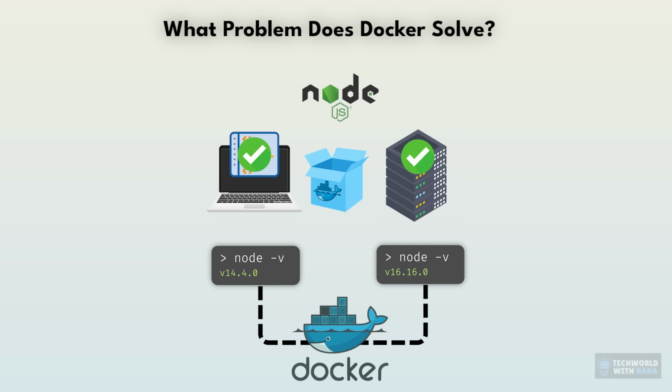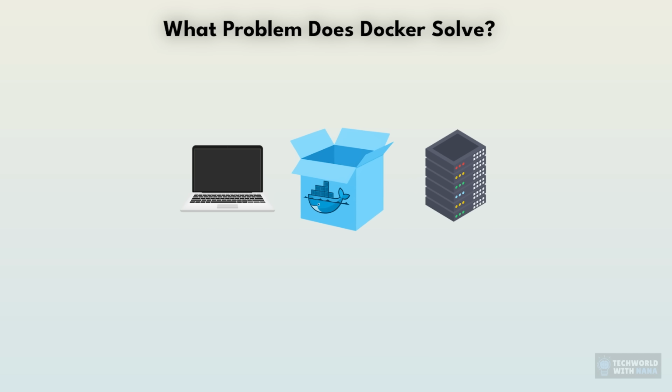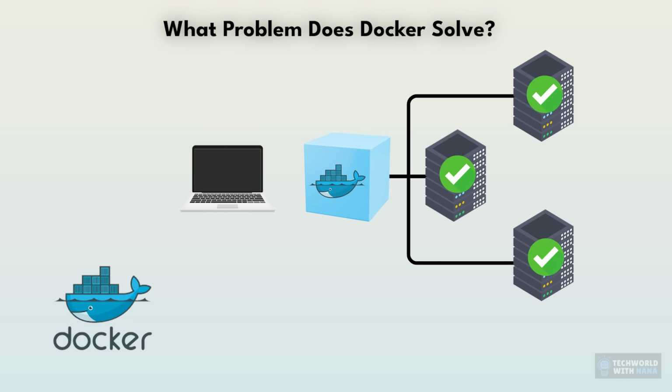Docker lets you package your application with its entire environment, dependencies, configurations, everything it needs, into a single container that will run exactly the same way anywhere Docker is installed. So Docker solves an important problem: making applications work the same everywhere, on every environment where the application is moved around.